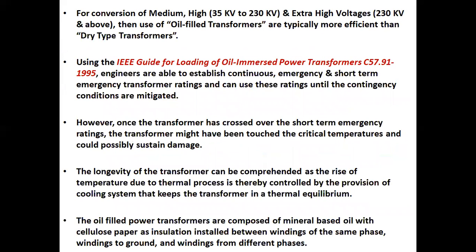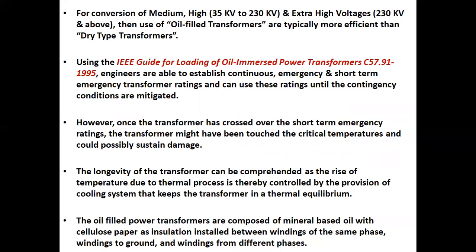For medium high voltage, that is 35 kV to 230 kV, and extra high voltage, that is 230 kV and above, oil-filled transformers are typically more efficient than dry-type transformers.